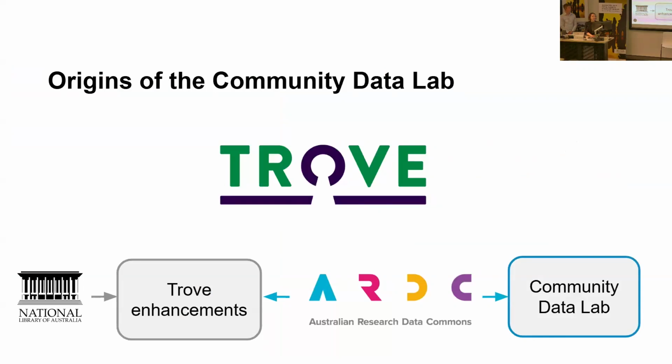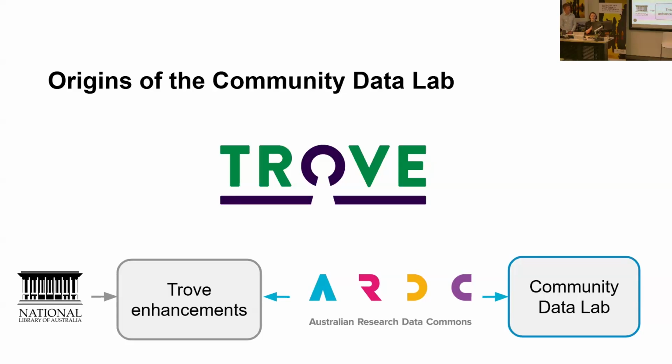So in the 2020 Research Infrastructure Investment Plan, the Department of Education earmarked some investment to provide researchers with new tools for visualization, entity recognition, transcription and geocoding across Trove content and other corpora. So Trove being one of those very rich resources for HASS researchers. And following a co-design process with the research community, this ended up being delivered through two activities.